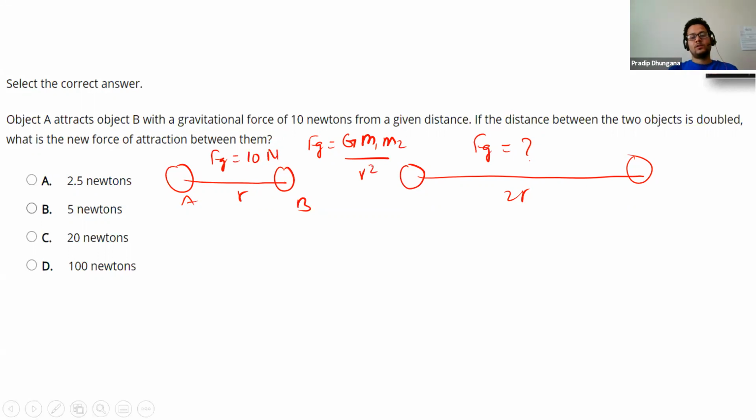Okay, so use that information on the screen and try to answer this question. You have to calculate what is the new force of attraction between them when the distance gets doubled. Let me launch the poll, and then I'll give you around 2 minutes to solve this problem. Use that information and try to calculate the new force of attraction.